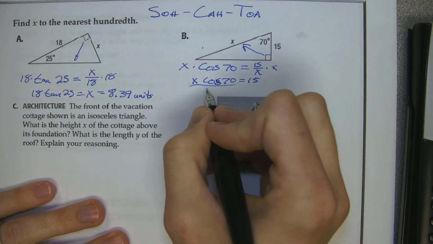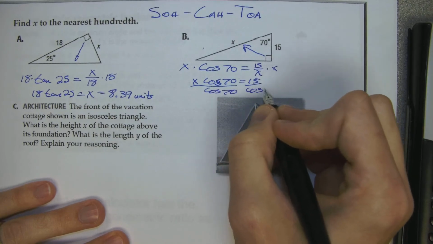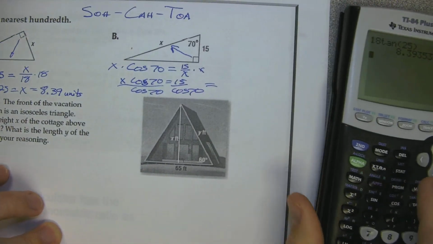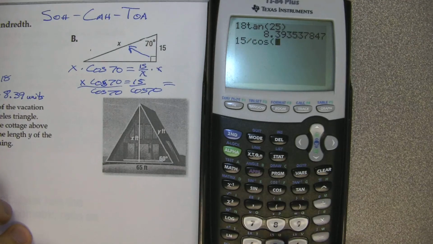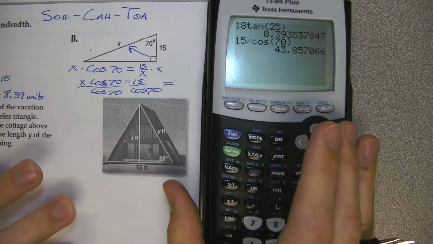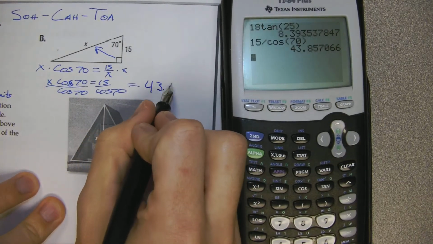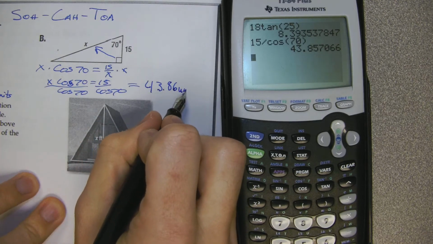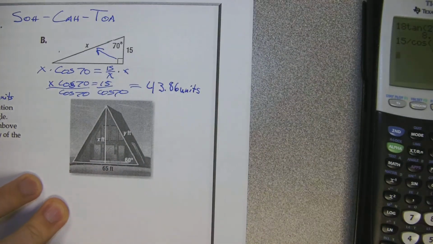To get x by itself, we'll divide by cosine of 70. Which is equal to, let's see here, 15 divided by cosine of 70, close parentheses, call it 43 and 86 hundredths. And we go ahead and write units on there, I suppose. There we are. Simple as that.